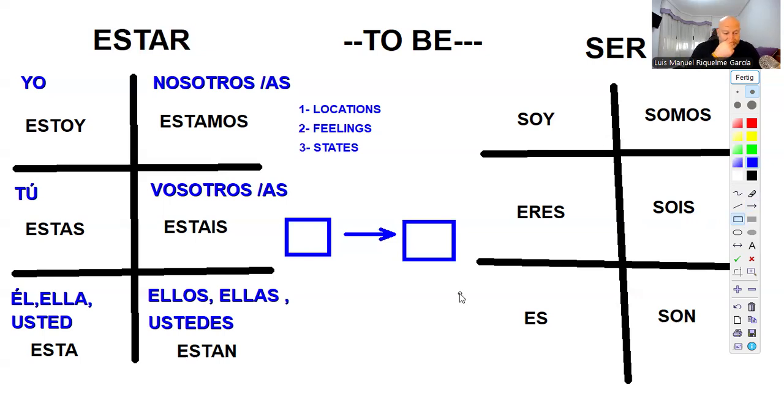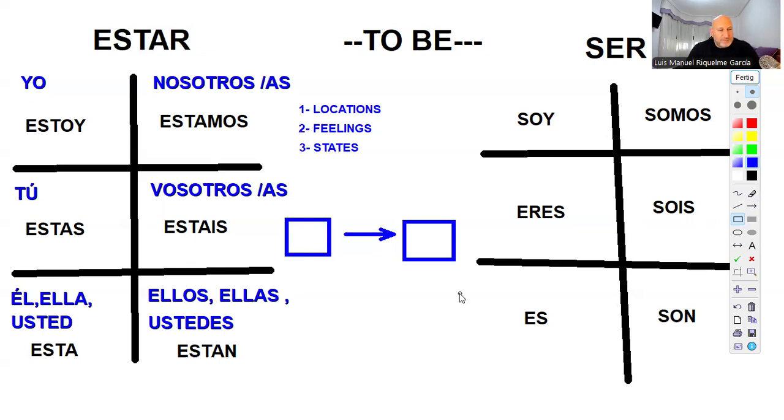For example, I have a dirty house. I clean it, the house is clean. If I want to say the house is clean, I would use estar, because it's due to the cleaning that the house has been left in that state, clean.